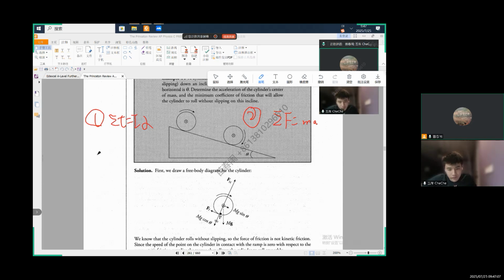So we basically find all the I, find all the sigma torque, and of course you have to do a force diagram. The first one also involves this P and this mg sine theta, and the second one also involves the diagram a lot.